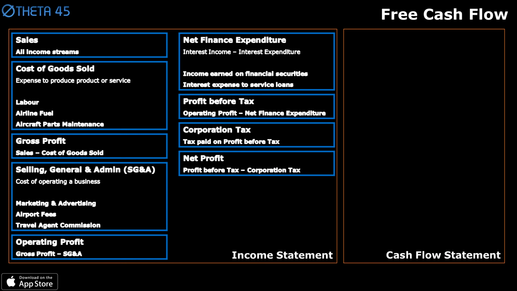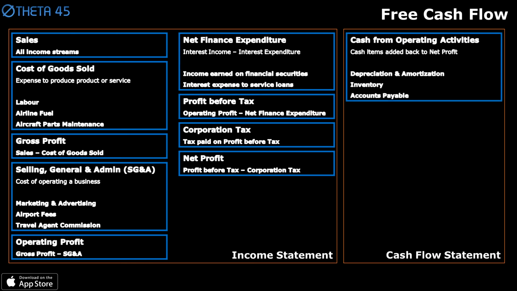The net income is the cash generated from sales. But the company has other items on its balance sheet that can be converted into cash. The balance from the cash from operating activities, such as depreciation and amortization, inventory, and accounts payable, needs to be accounted for and added back to the net income to calculate the operating cash flow.